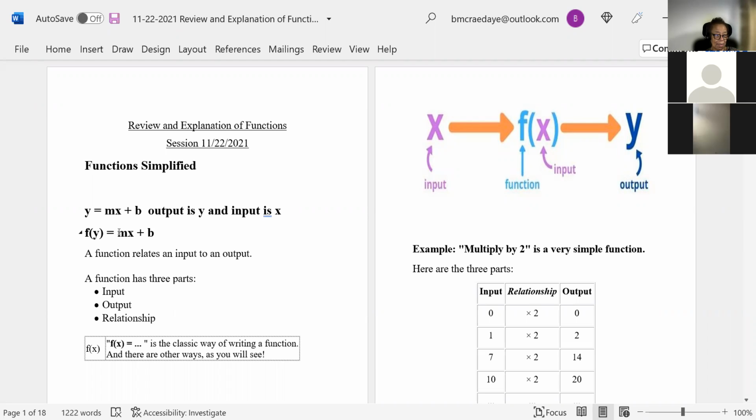And m, like we know, is the slope or change in the value, and b is our constant or y-intercept. So instead of saying y equals mx plus b, we could use function notation, f of y equals mx plus b. So it's just another way of writing a relationship.